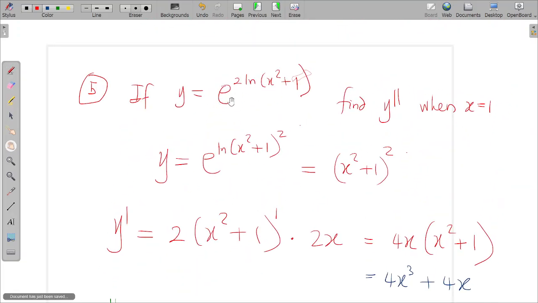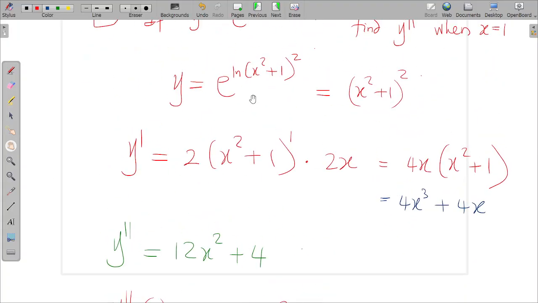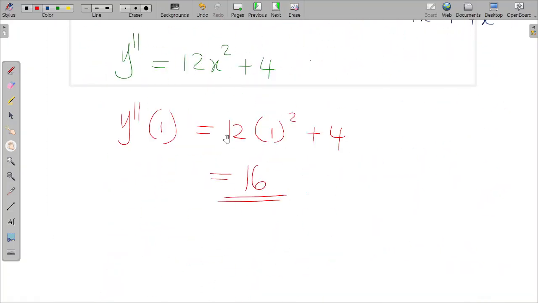Sometimes you need to use the law of logarithm to simplify your expression before you derive, like in this case. But if you don't recognize that, you are supposed to do it the way I did now, it's fine. Let's just put it along with us and see what we are going to get.